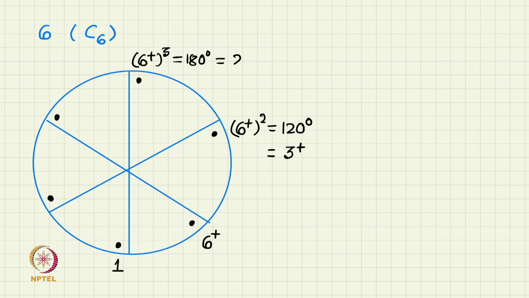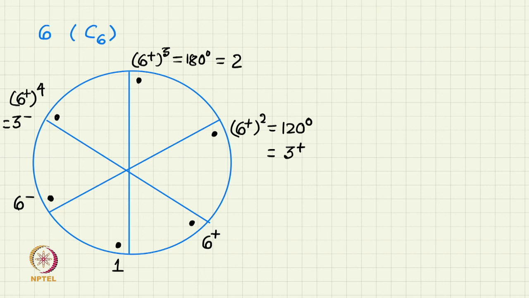So, that is 2 for us, and this one is 6 plus to the power 4, but we can come to it by a 120-degree rotation in the clockwise direction. So, this is 3 minus, and similarly this is 6 minus.